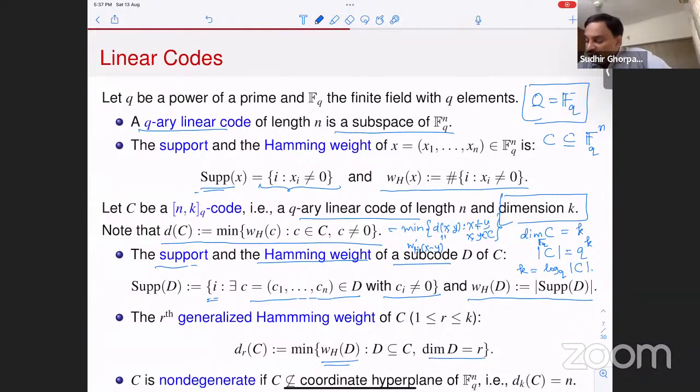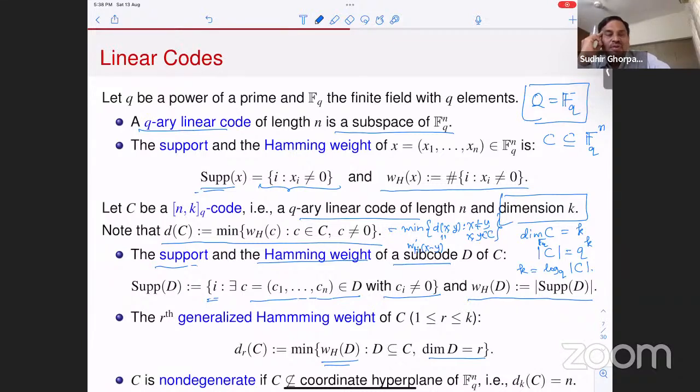Okay, and there is a notion of non-degenerate code. Here the notion of distance is extremely coordinate dependent. Non-degenerate would mean that C is not contained in a coordinate hyperplane of Fq to the power n. That means, for example, it doesn't happen that the last coordinate is always 0 or the 7th coordinate is always 0, because if that is the case, you might as well forget about that and get yourself a code of smaller length.